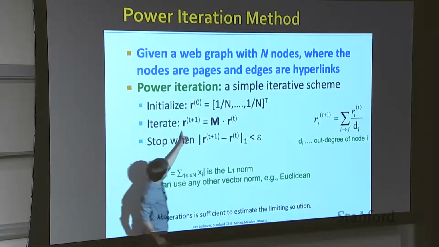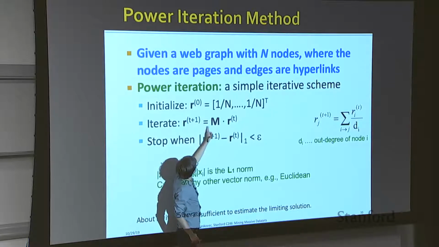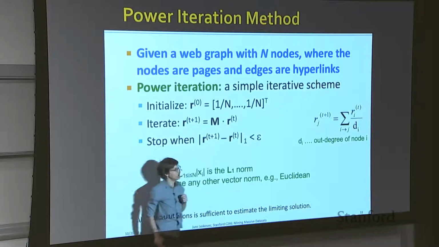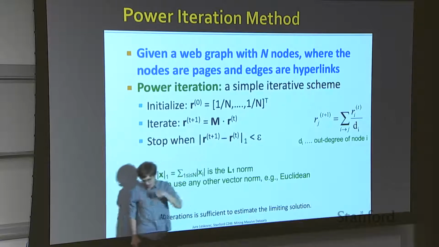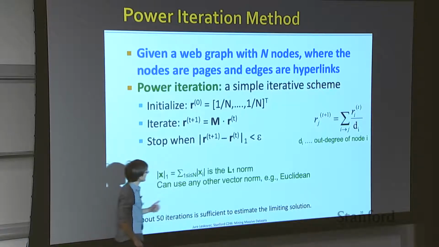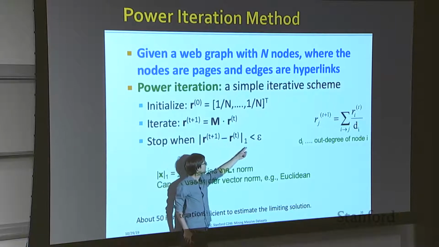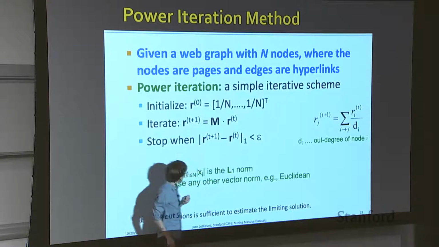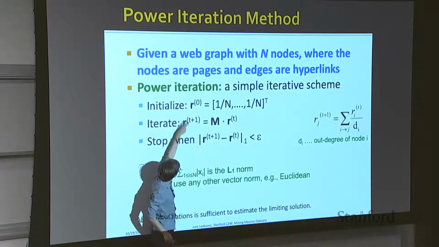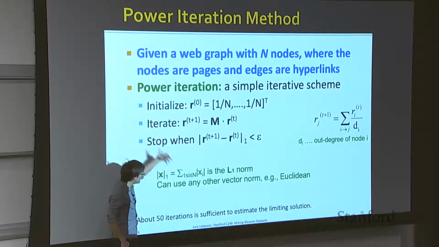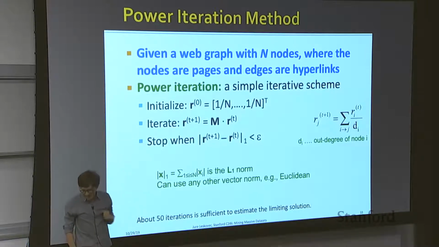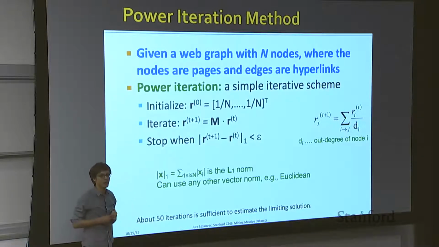Then we will iterate r at t plus 1 equals M times r at t, and keep iterating until we converge. What does it mean to converge? The difference between the vector at time t plus 1 and the vector at time t is less than epsilon. In practice, this iteration will converge in about 50, 100 iterations and will be done.